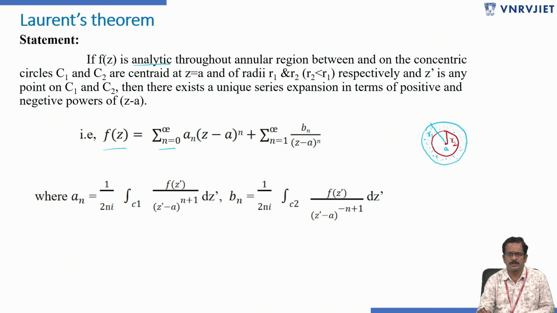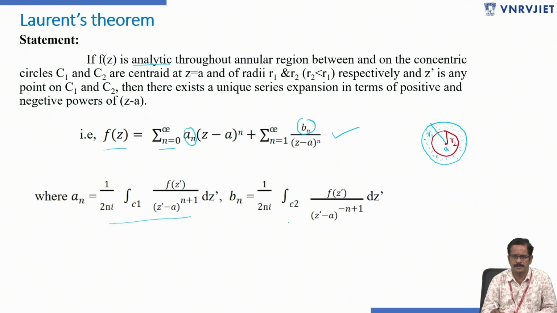Okay, so that is the Laurent series expansion, in which an and bn are constants, where those two are evaluated using these formulas, right?